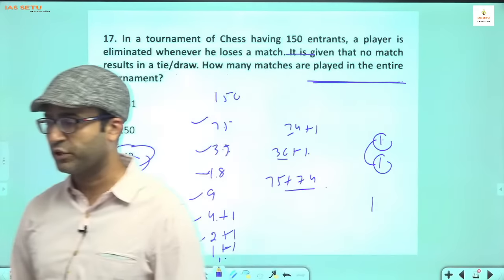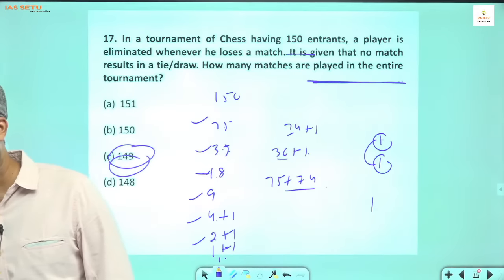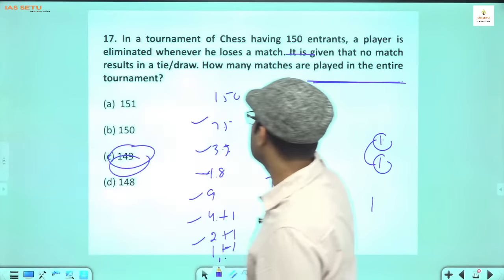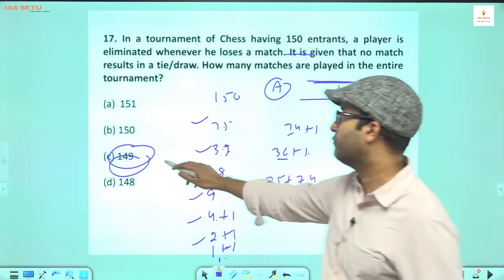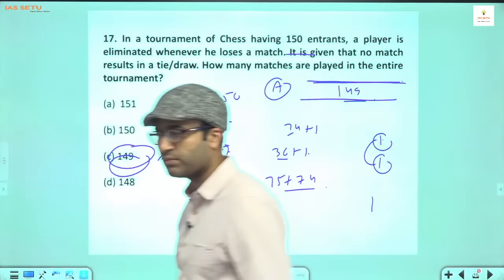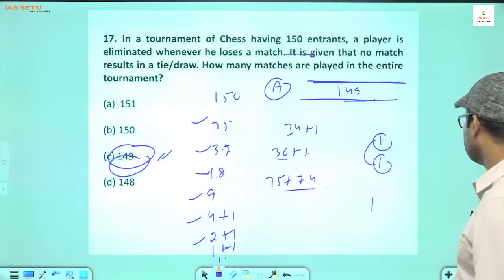So the number of matches we will get is 149 in both cases. और डायरेक्ट कह सकते थे कि देयर इज ए बाहुबली है, वो बाकी सबके साथ मैच खेल के हरा देता है, तो देयर विल बी 149 मैचेस देयर. दोनों केसेस में आप ट्राई ऑल द पॉसिबिलिटी, आंसर इज कमिंग 149.